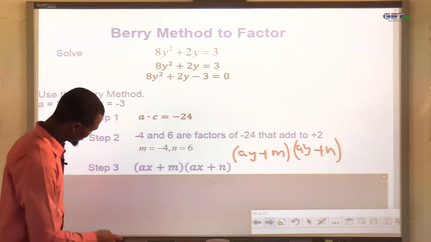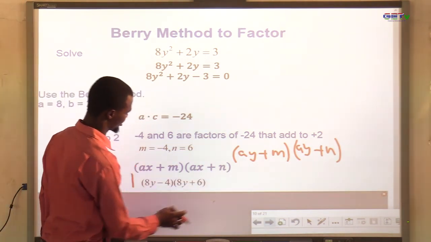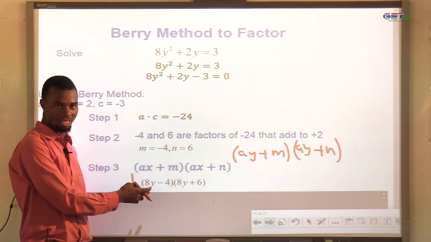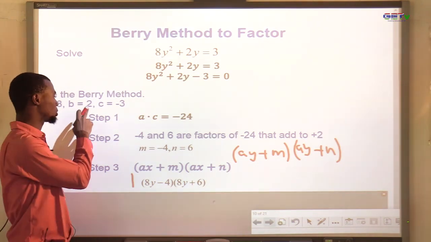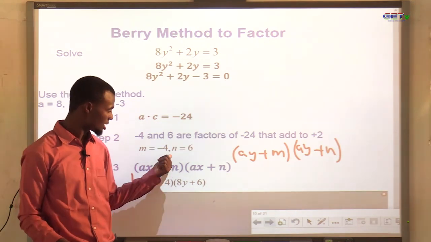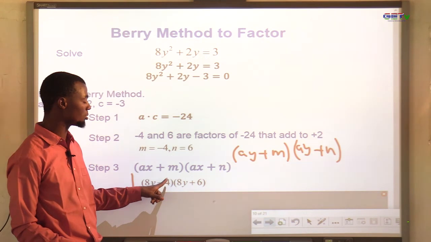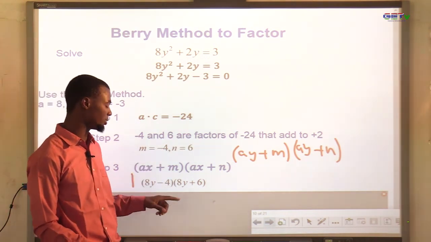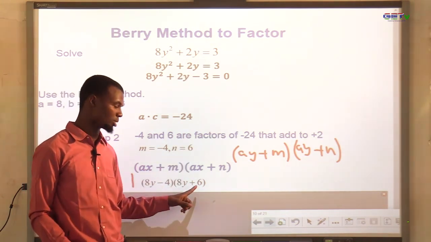Then we look at the substitution now. 8 is substituted in the place of a, as it is given to you here. a equals 8, b equals 2, and c is -3, and m equals -4, n equals 6. So this is why we have 8y minus 4, because m is negative. Then the other one, you have 8y plus 6, because n is positive.